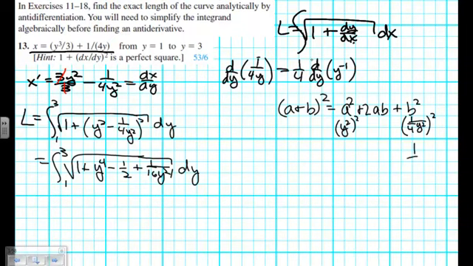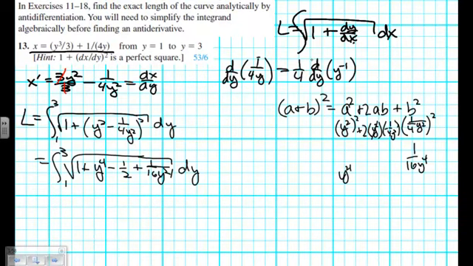So down here I'm going to get 1/16 y to the 4th, and here I'm going to get the y to the 4th. Now what about this middle term? 2 times a, which is y squared, times b, which is negative 1 over 4y squared.